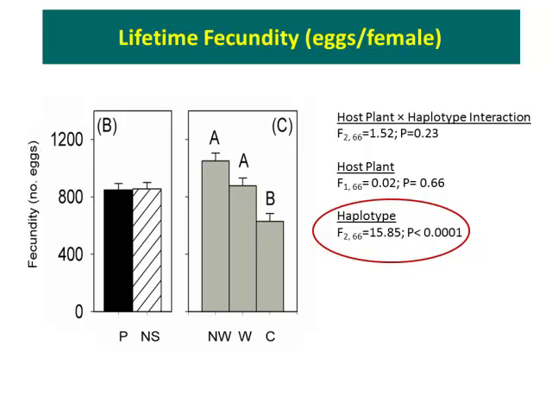I mean, whichever of these 3 haplotypes, they perform equally well on the bittersweet nightshade and the potato. But when we compare the 3 haplotypes irrespective of the host plants, the northwestern haplotype and the western haplotype are more fecund. They lay more eggs in her lifetime compared to the central haplotype.